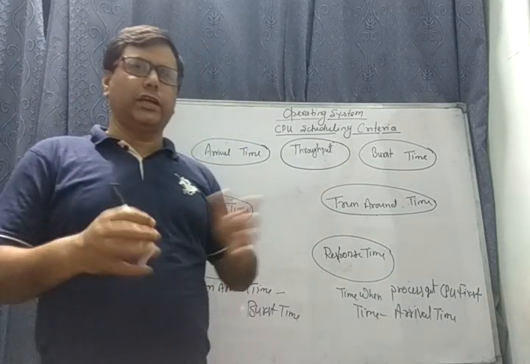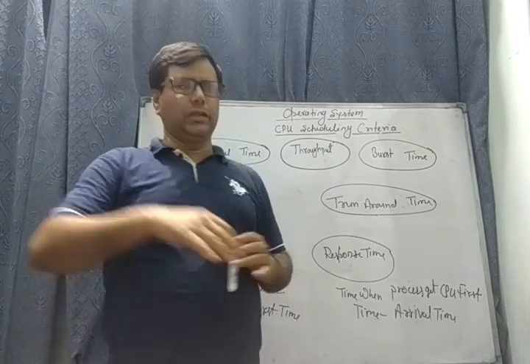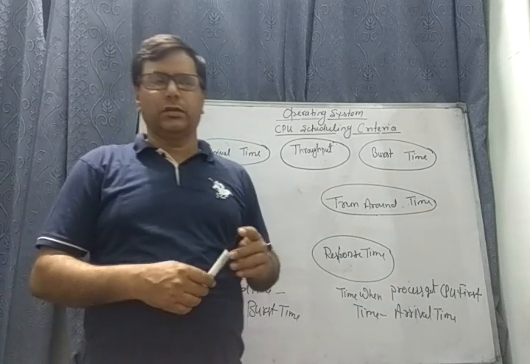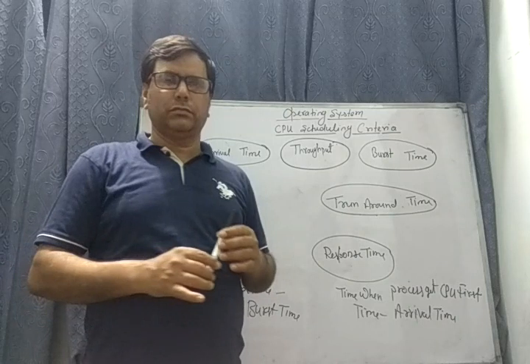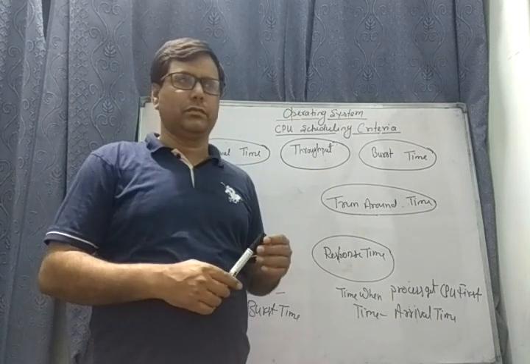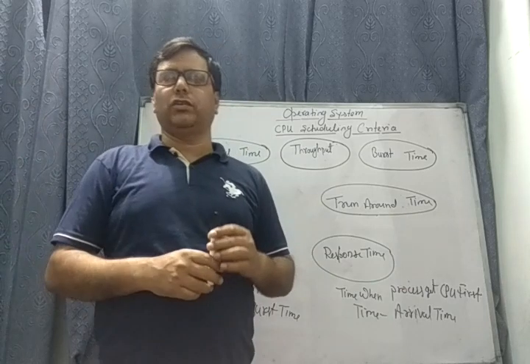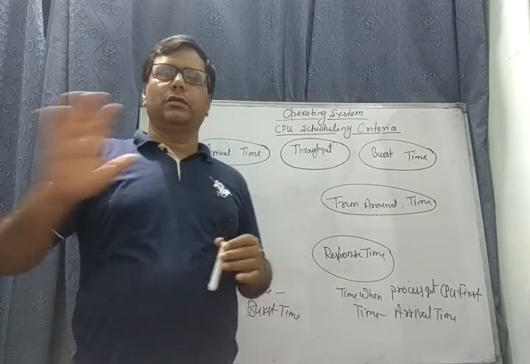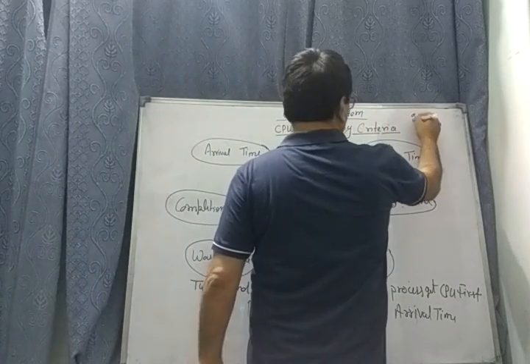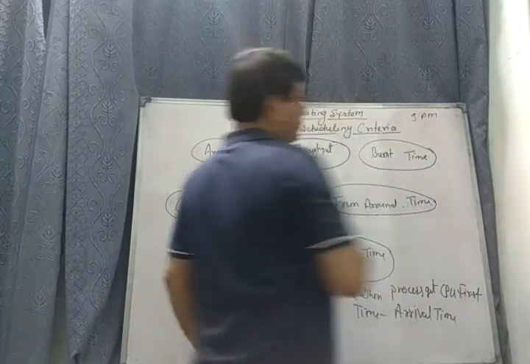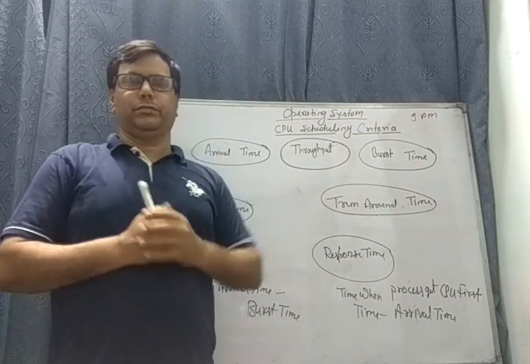Now here we are taking realistic examples, relating some real life examples. For example, if you want to have dinner in a restaurant, and you reach the restaurant at 9 p.m., then arrival time is 9 p.m.